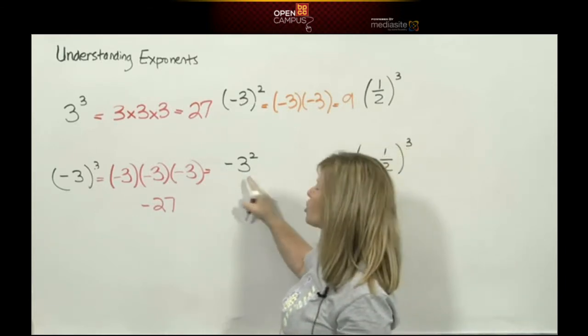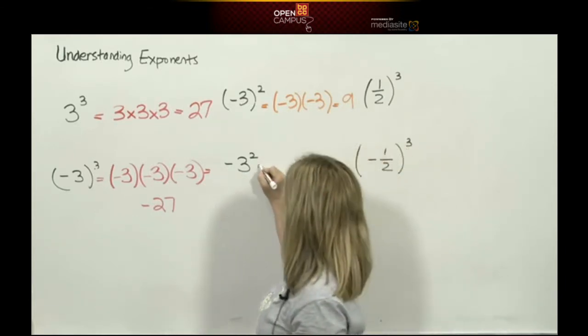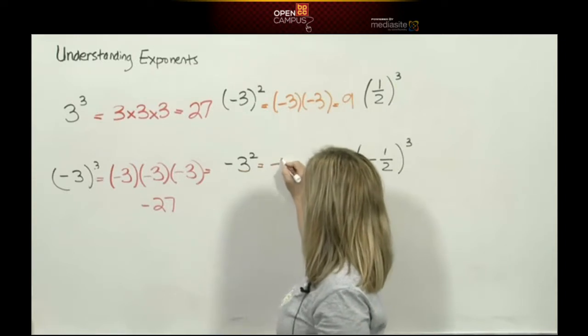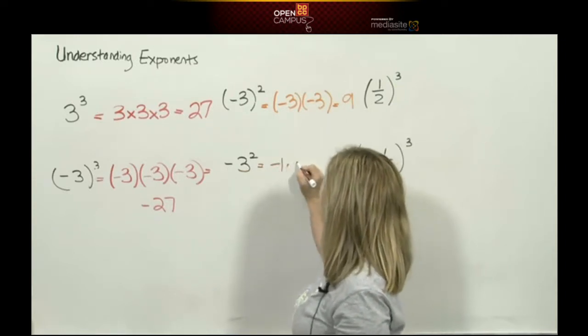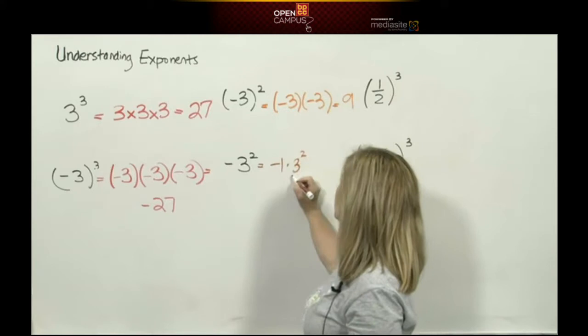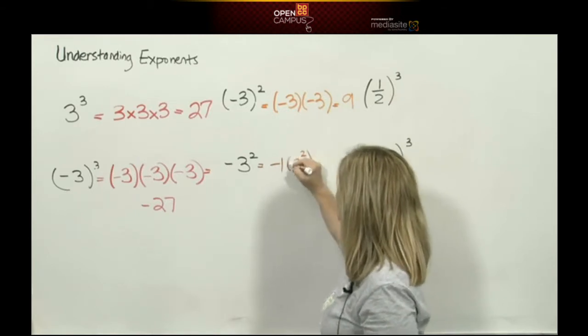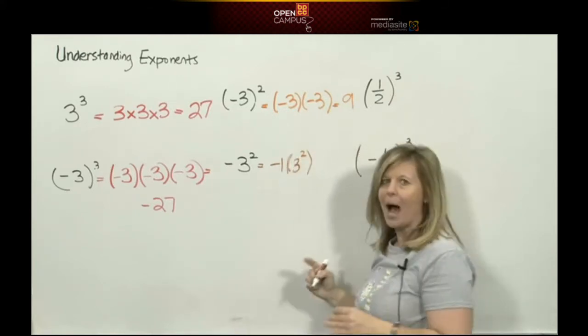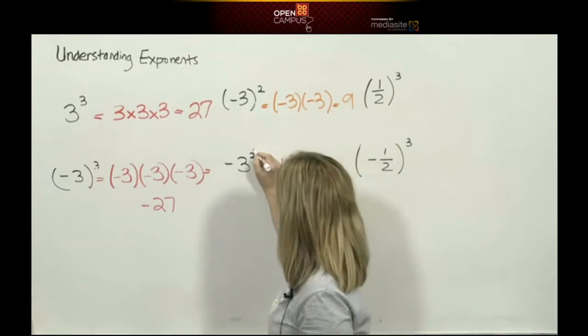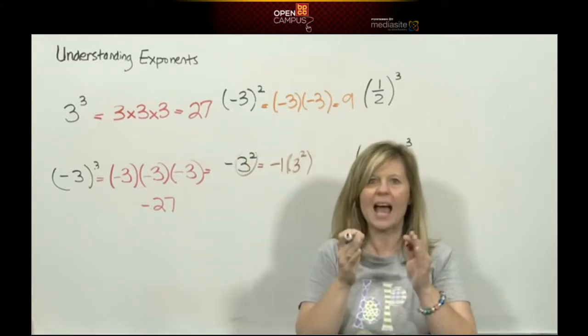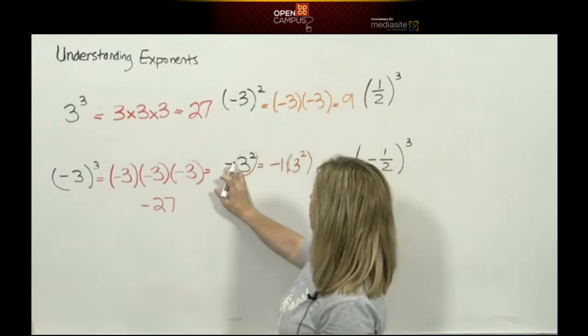It just belongs to the digit. This expression really means there is a negative 1 in front here, and I'm going to multiply it to 3 squared. That's what that expression means. So without parentheses, the exponent only belongs to the actual digit. It doesn't belong to the symbol.